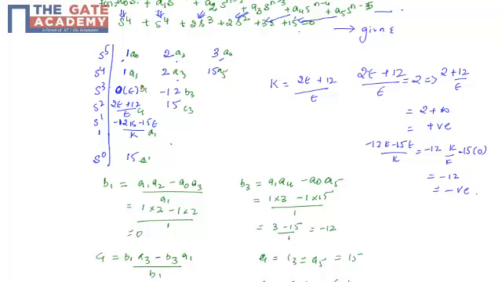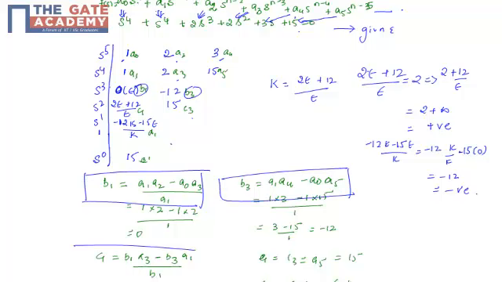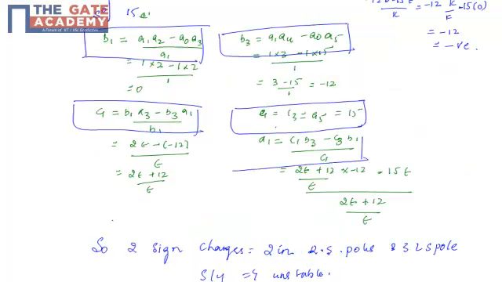In order to find B1, B3, C1, C3, D1, E1, we have the formulas, that is B1 is equal to A1 A2 minus A0 A3 by A1, and in the same way we have the equations for B3, C1, C3, E1 and D1, when we know the values of A0, A1, A2 and A3.